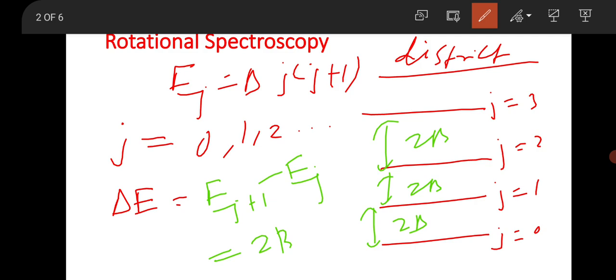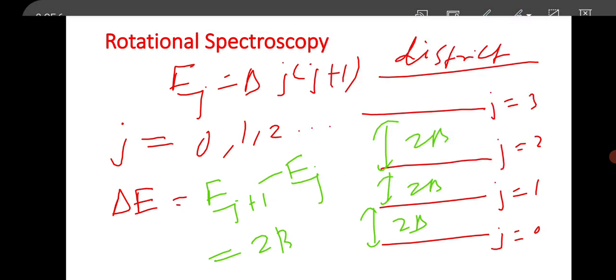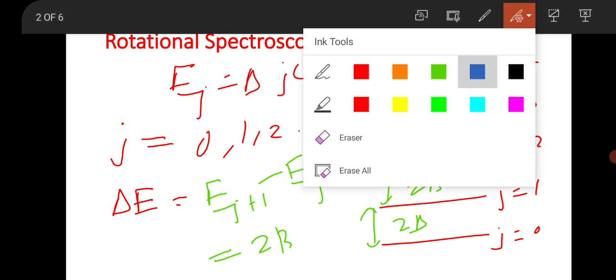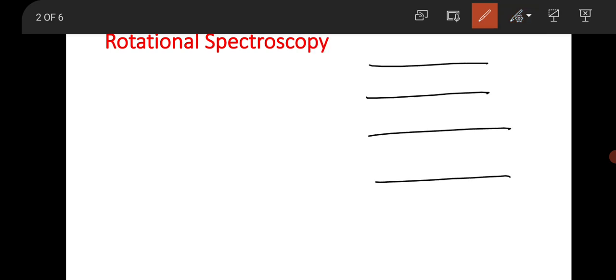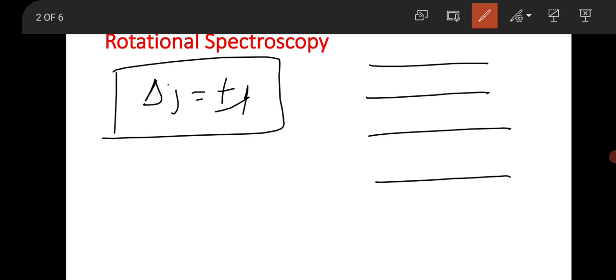Next, in rotational spectroscopy, you know the selection rule, that is the transition rule between two energy levels: delta J is equal to plus or minus 1. So you can have a transition from lower to higher or higher to lower between two consecutive levels, not from this level to that one. That is not an acceptable transition in rotational spectroscopy.